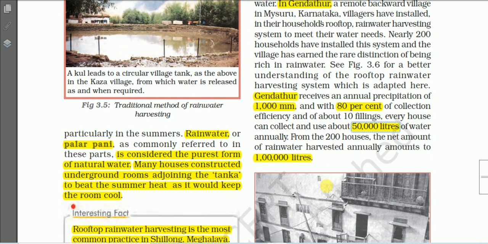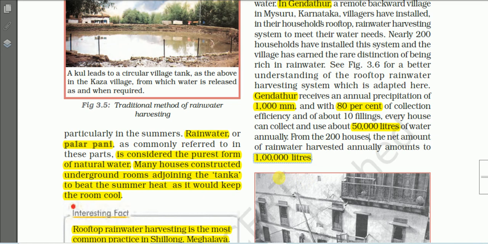See, Gandathur receives 100 centimeters of rainfall per year, and with 80% efficiency of collection, a household can collect and use 50,000 liters of water in a year from the rainfall. That means from 200 houses in Gandathur, the net amount of rainwater harvested annually amounts to 1 lakh liters.